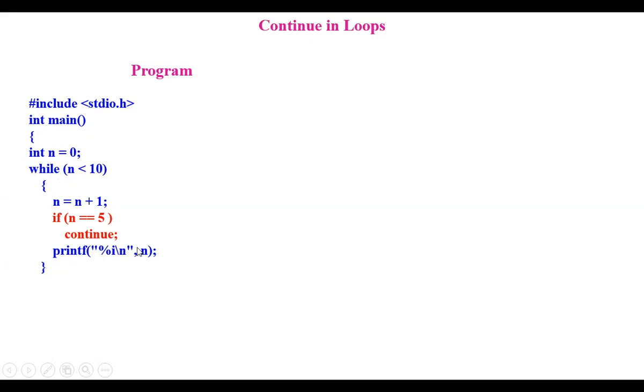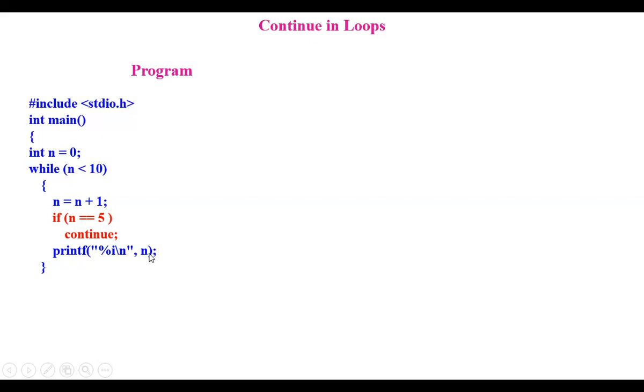The statement after continue will not be executed, but still it will be in the loop. So when 5 is there, 5 is not printed because this statement is not executed. When it is 5, it comes back to the beginning. 5 plus 1, 6. It is not 5, so it continues.